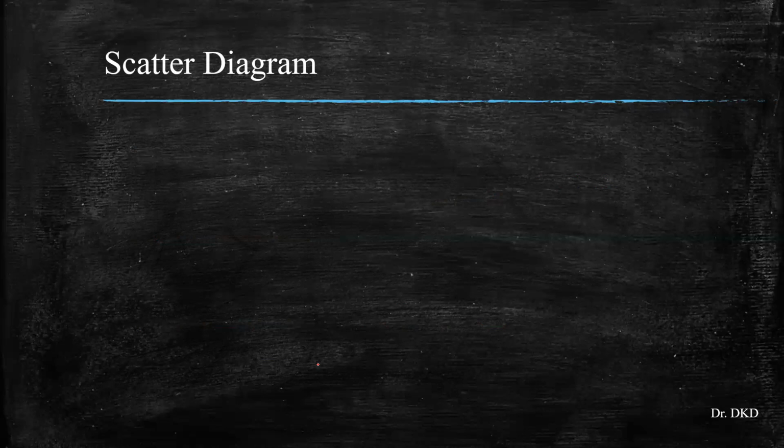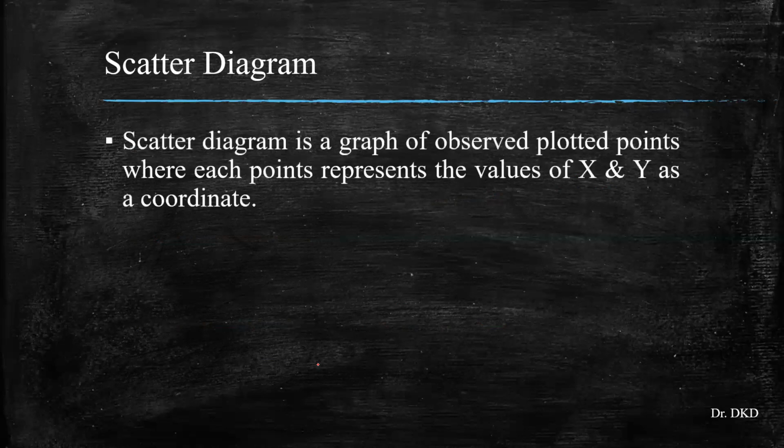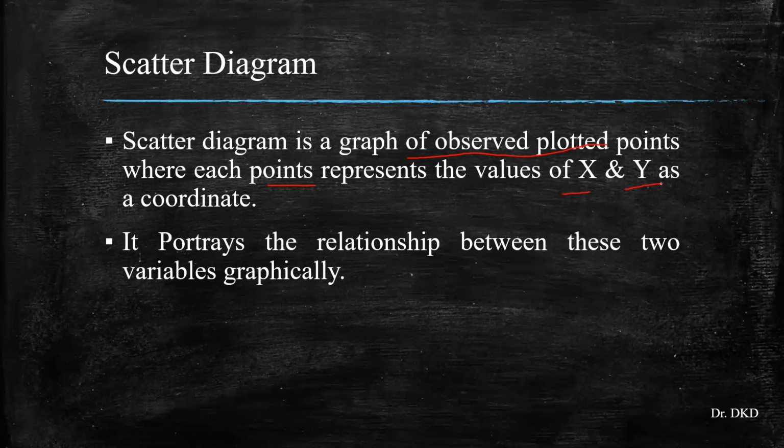Now one of the important points we need to understand is the scatter diagram. What is the scatter diagram? A scatter diagram is a graph of observed plotted points, where each point represents the values of x and y as a coordinate. It portrays the relationship between these two variables graphically.